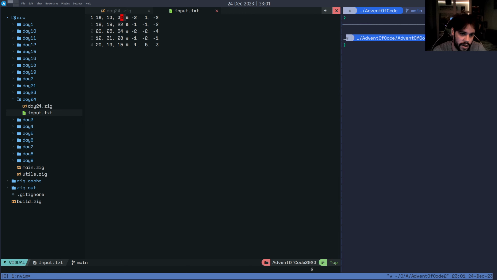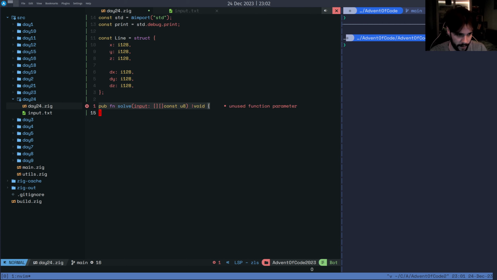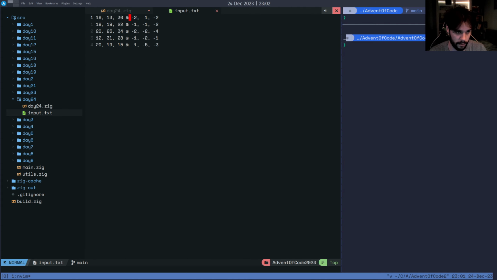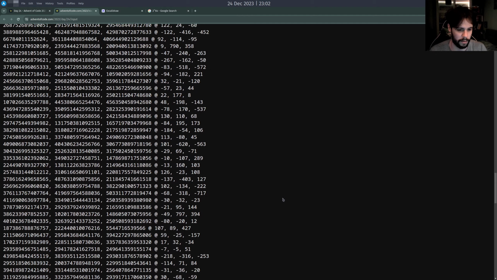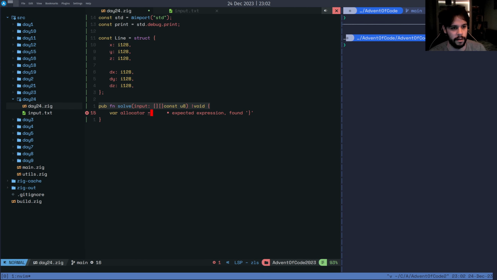We're initially going to split on spaces, commas, and adds. So var allocator equals... how big is the input? Quite big. We can probably do the whole thing on stack allocations actually. No need to allocate anything.